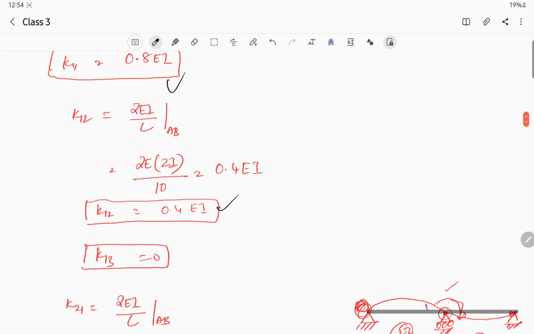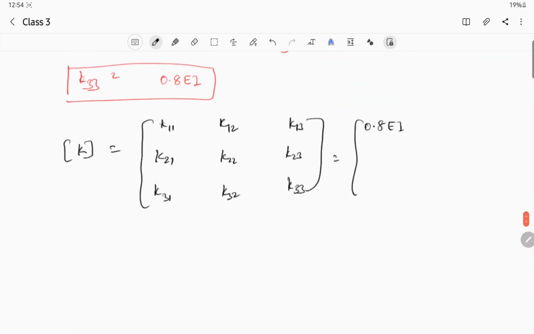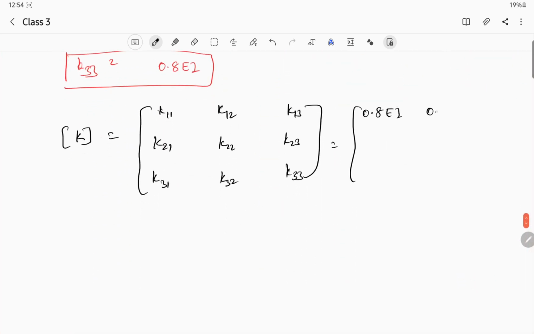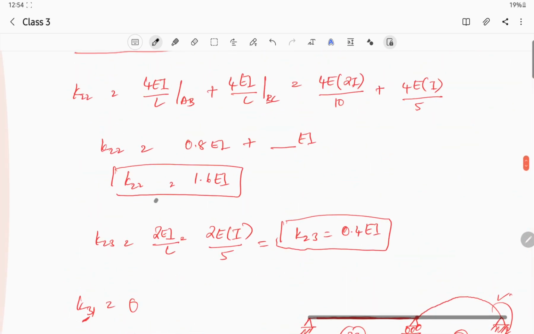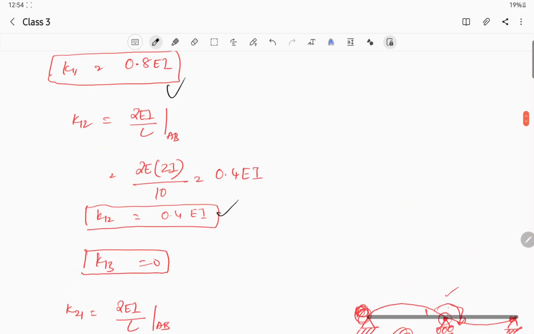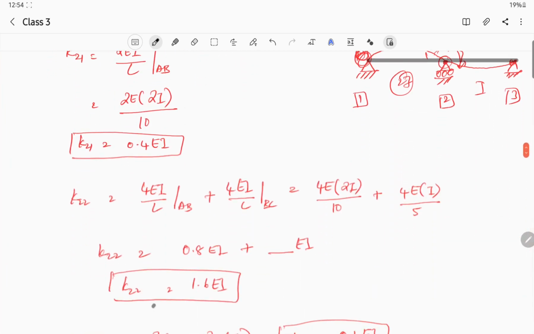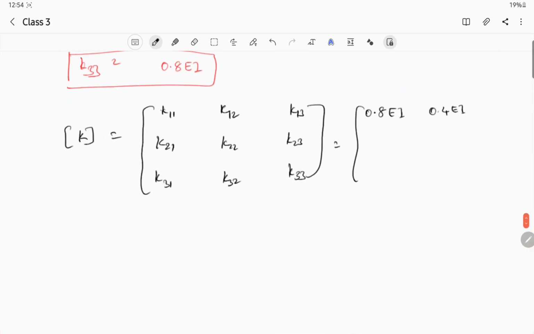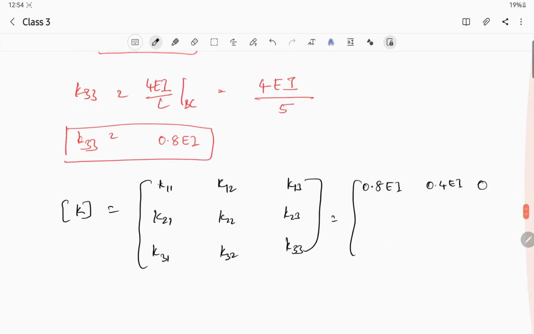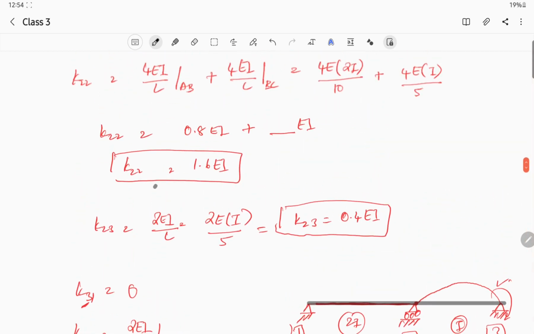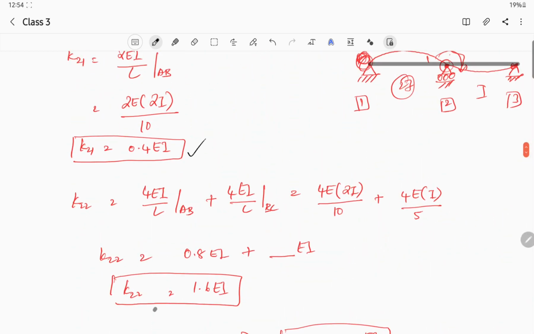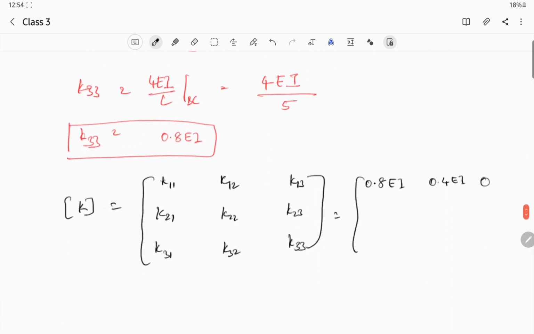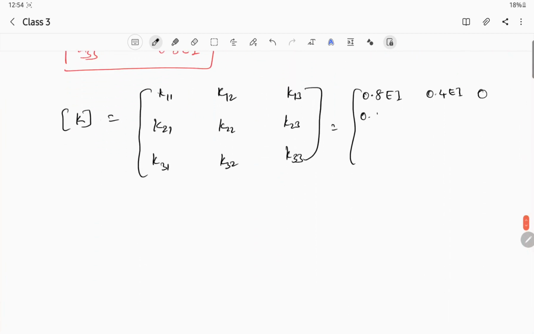K12 we got as 0.4 EI. Then what is the value of K13? K13 is 0 here. What about K21? K21 is 0.4 EI.